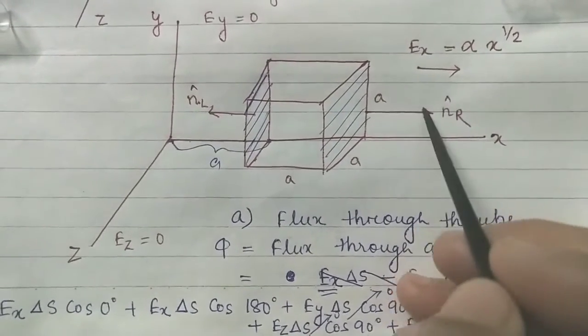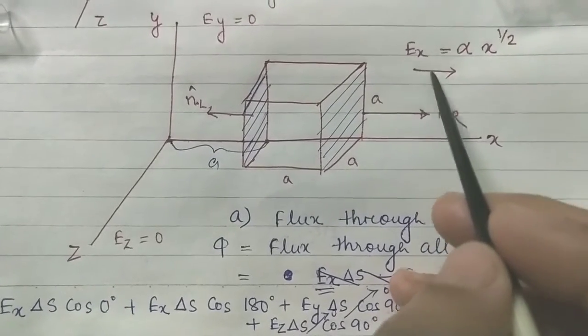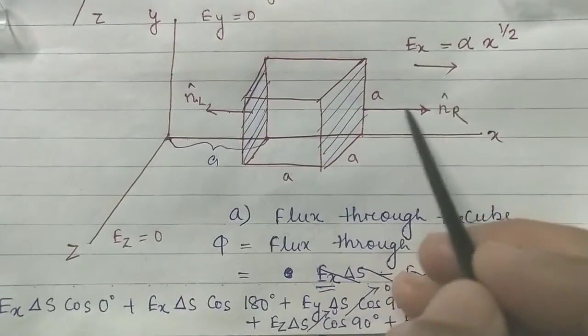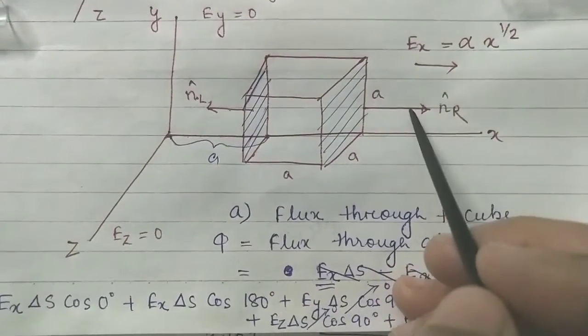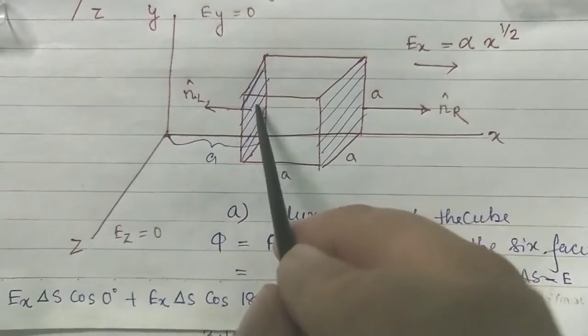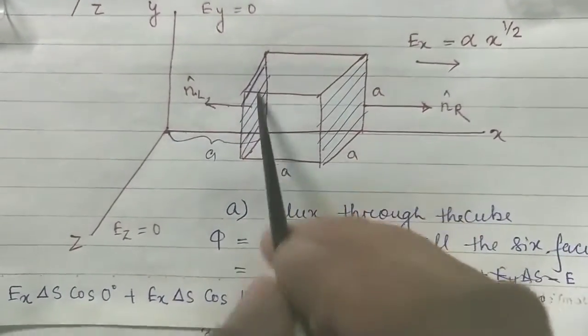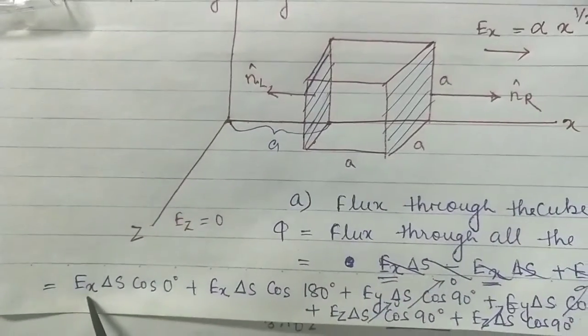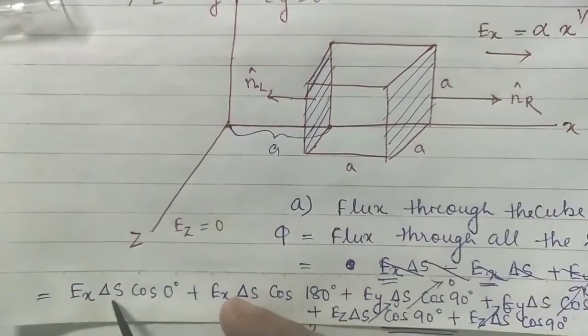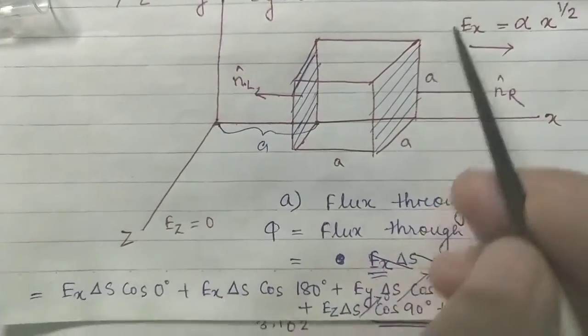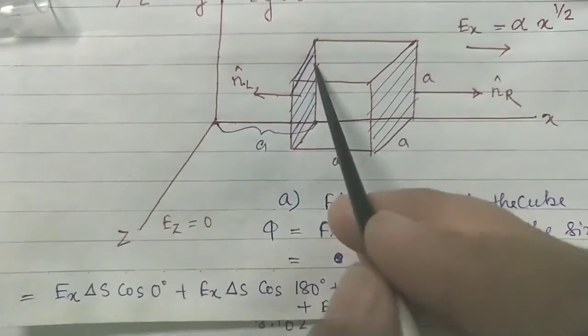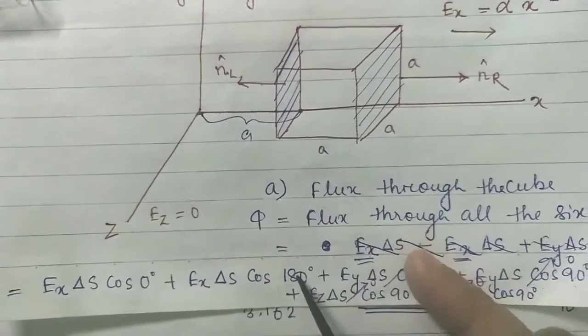Or we can say this is towards right, this is also towards right, so the angle between them is 0. For this face, this is towards right, this is towards left, so the angle between them is 180 degrees. So I have written here Ex del S cos 0 for this face, and for the other face it is cos 180 degrees.